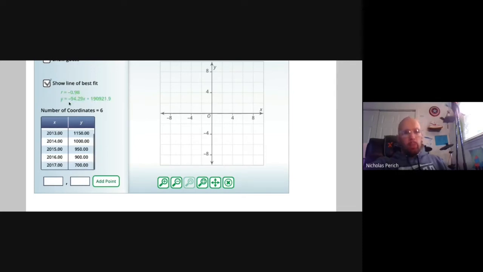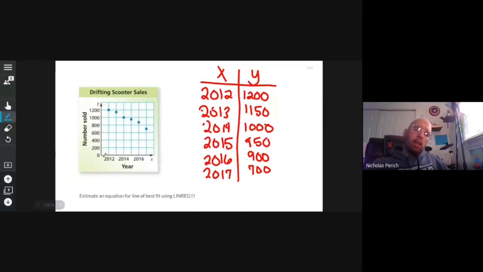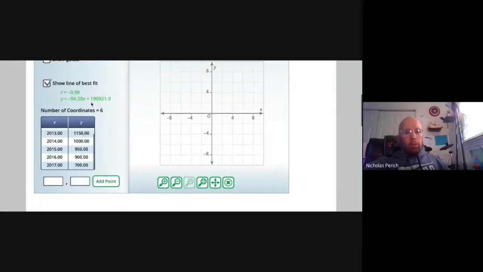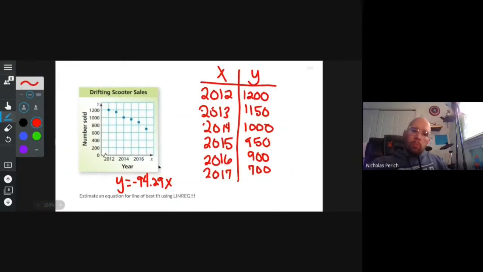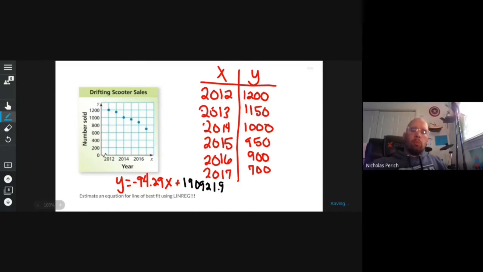Line of best fit is y equals negative 94.29x plus 1909.21. Yep.